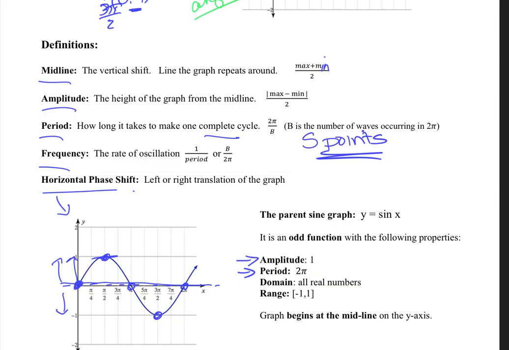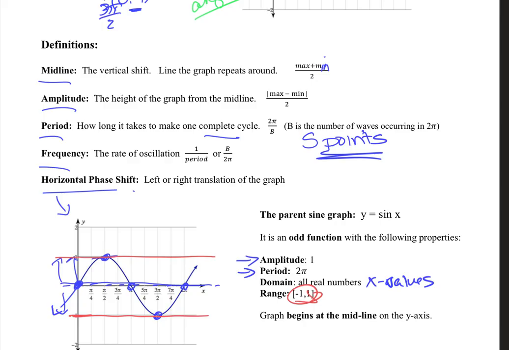The domain is everything. Remember, domain is your x values. So with x values, it's how far left to the right, and this guy goes on forever. The range is our lowest value to our highest value. So the lowest value here is -1, and the highest value here is 1. So that's why this is the range.